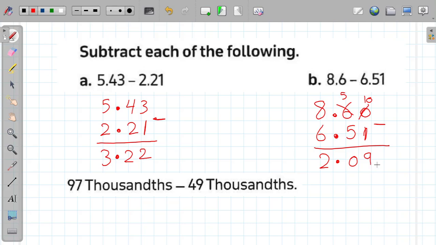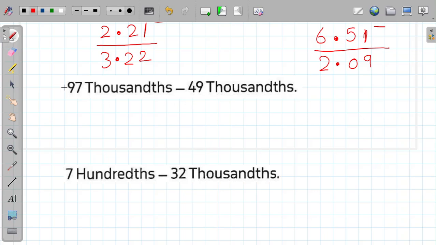Okay, next I have 97 thousandths minus 49 thousandths. Listen carefully. I have here thousandths and thousandths. It's the same place value, so the result will be also thousandths, like this. And I will subtract the numbers from each other.